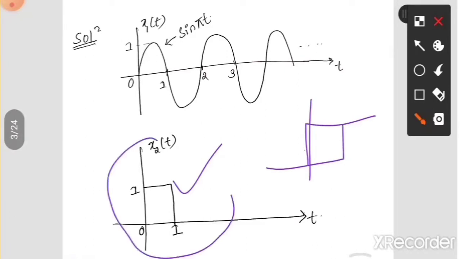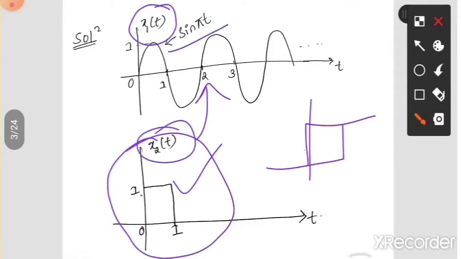Once you have got this signal, you can multiply it with the sine pi t signal. Let's take x1 as the sine pi t signal and x2 as this pulse, which has magnitude 1 and duration 0 to 1.